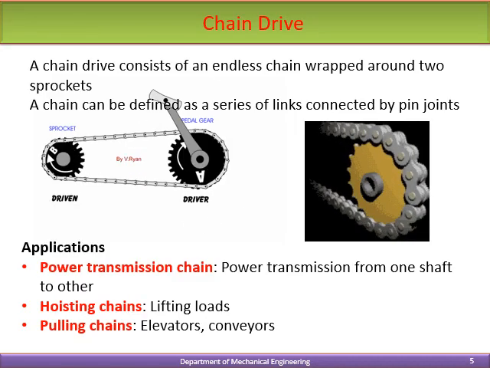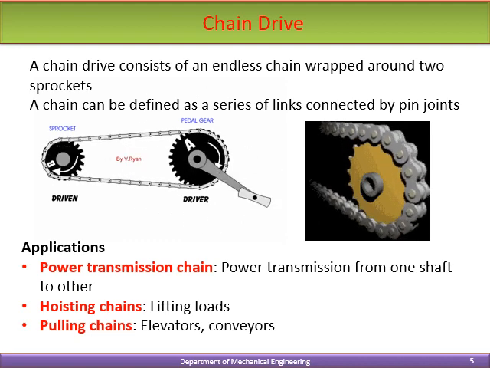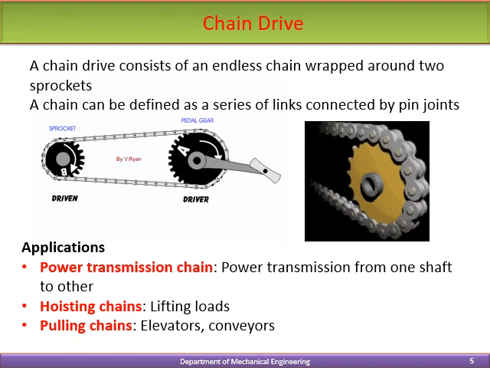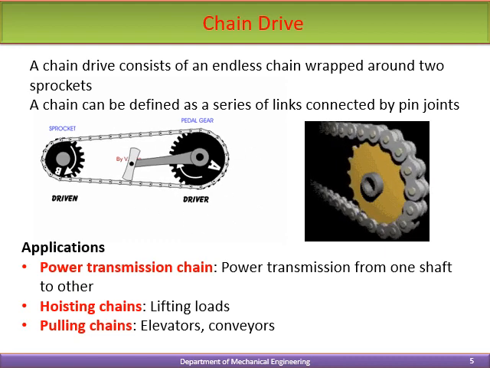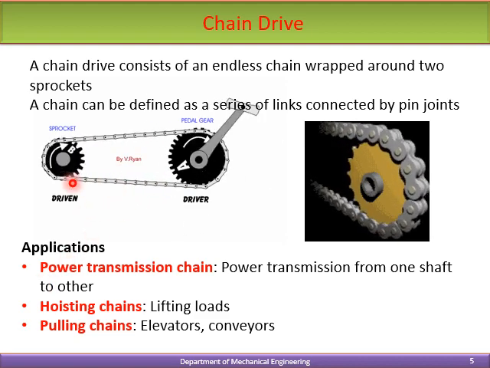Here we are moving to the next session, the chain drive. Chain drive is an intermediate between the belt and gear drives. It has some features of belt drives and some of gear drives, and we will discuss the advantages of chain drives in the next slides. Here we will discuss what a chain is, what a sprocket is and what the applications are.